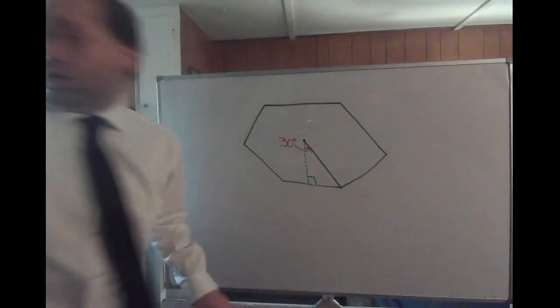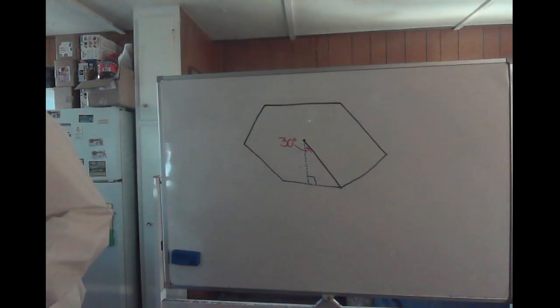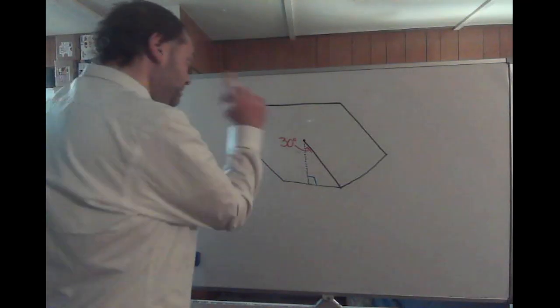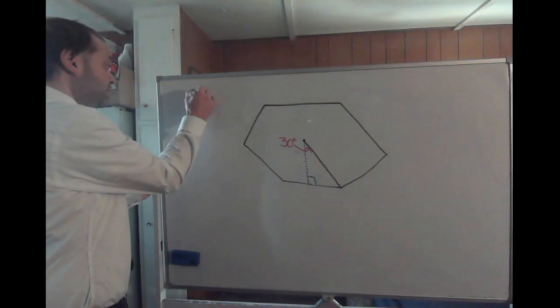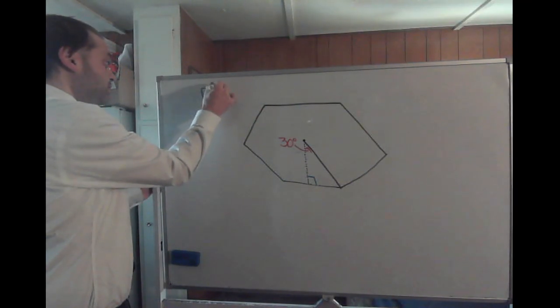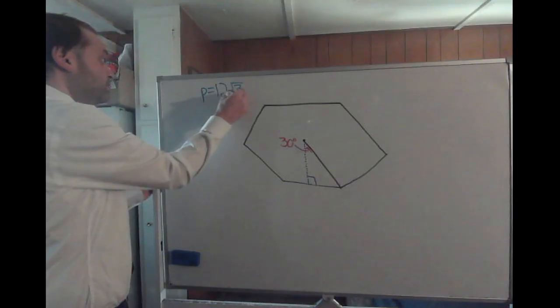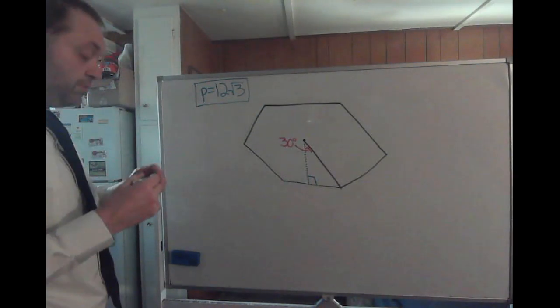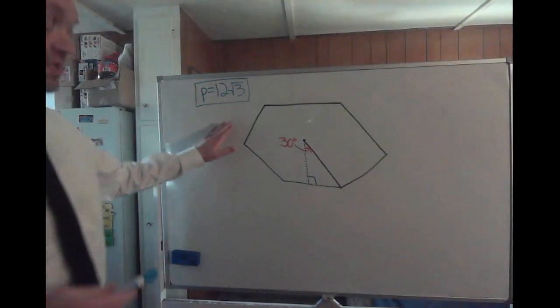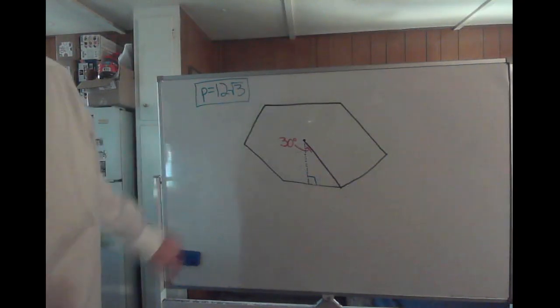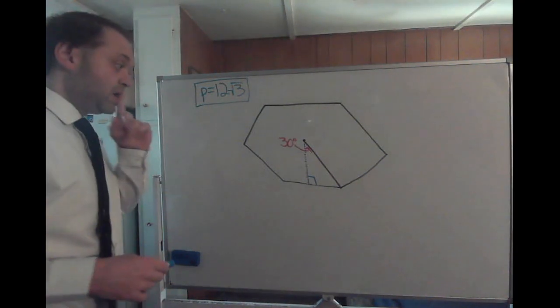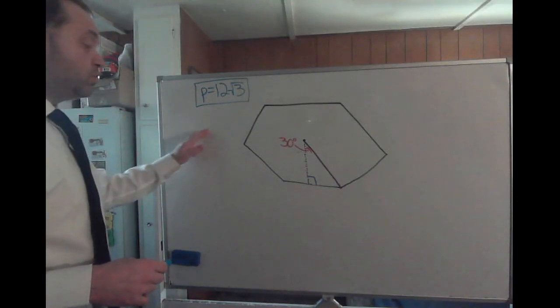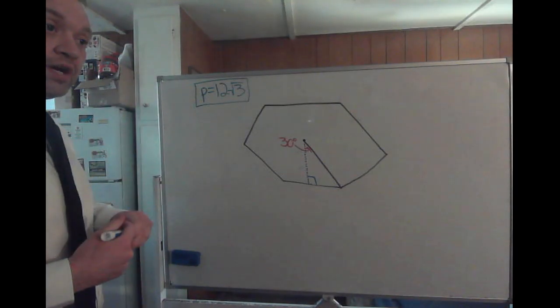Alright, so what do we know with this one here? We got that the perimeter equals 12 times the square root of 3. We know nothing else. Well, the perimeter of this regular hexagon is 12 times the square root of 3. Of course, it's a 6-sided figure, right?